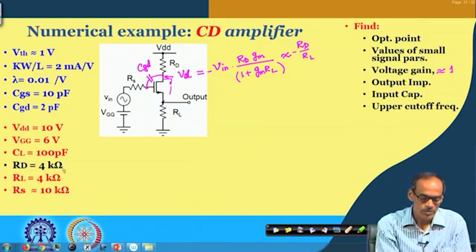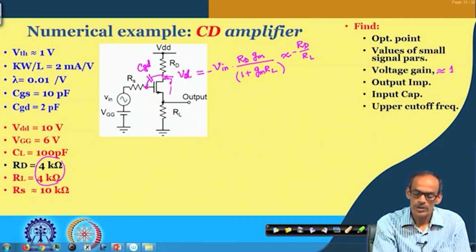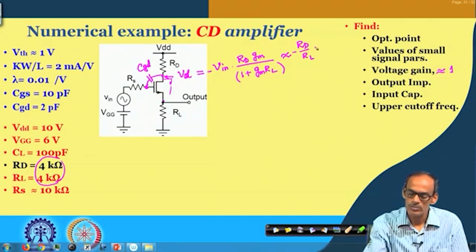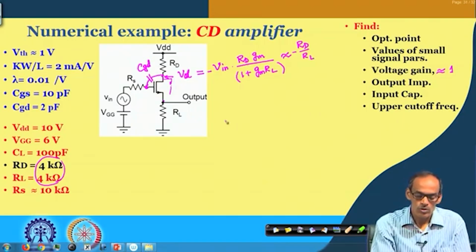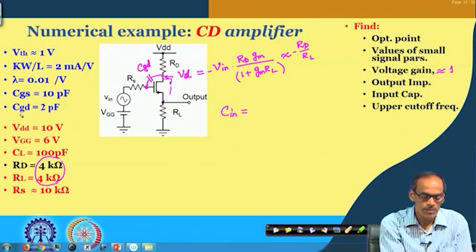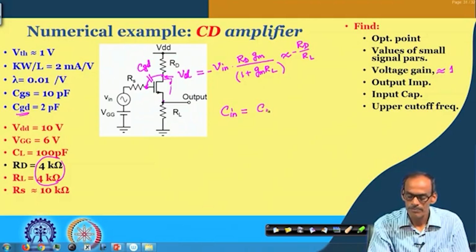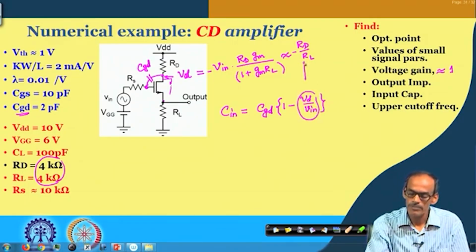Now in this example, since we are taking both of them equal, we can see that the voltage gain from here to here will be close to 1 with a minus sign. So, we can say that Cin has its primary contributor as CGD, but it is getting affected by this voltage gain, 1 minus Vd divided by Vin, and this part is given here.